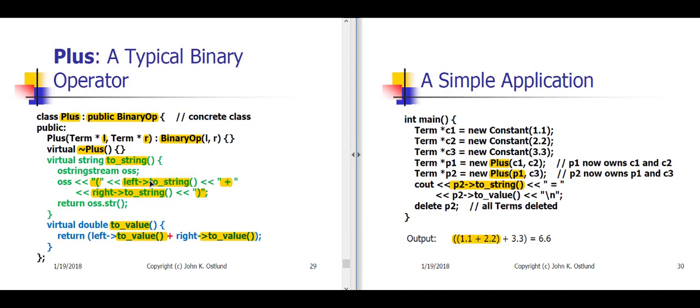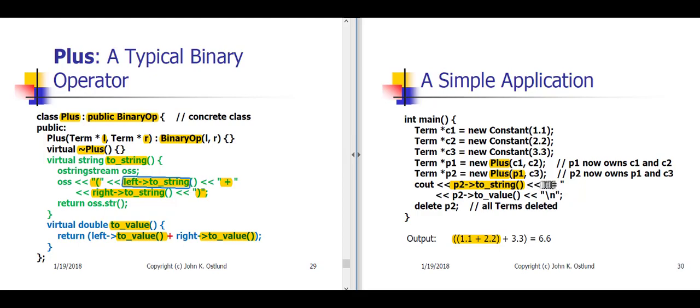That string is then going to become this left-hand side of the top level plus toString call. So that becomes the left-hand side with an open parenthesis in front of it, and then a plus and a 3.3 and a close paren. So there is our toString part.